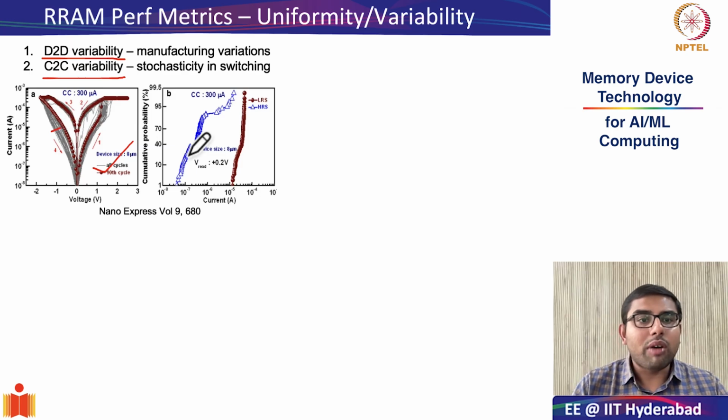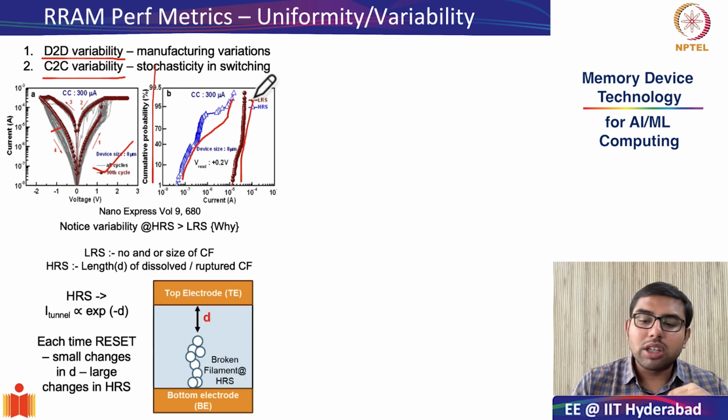As we have been seeing in our course, variability is also indicated by looking at the cumulative probability percentage. And as you can see, the cumulative probability graph for HRS is much more spread out compared to that of LRS.